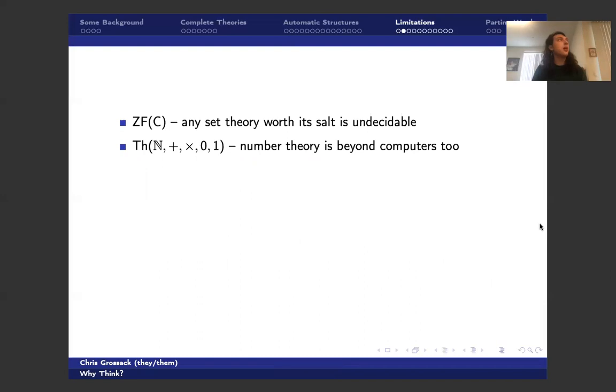You can imagine, there are these things called non-standard models of the natural numbers, which have all the same first order properties of natural numbers, but have other weird things. So like an infinite natural number might exist, and it's not possible just by probing with first order theory to tell the two apart.